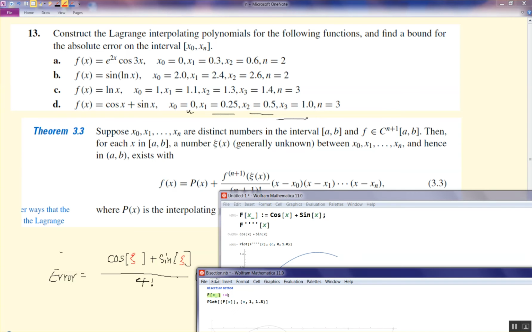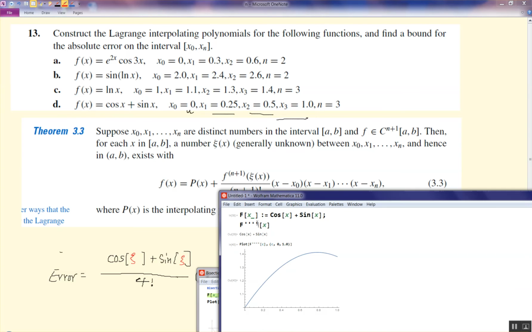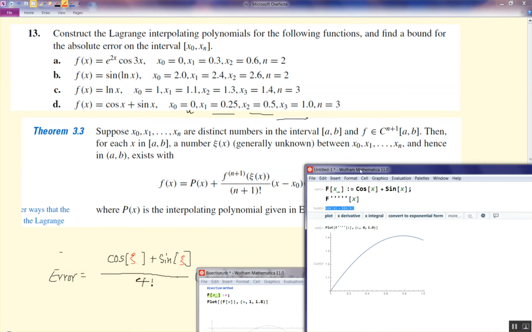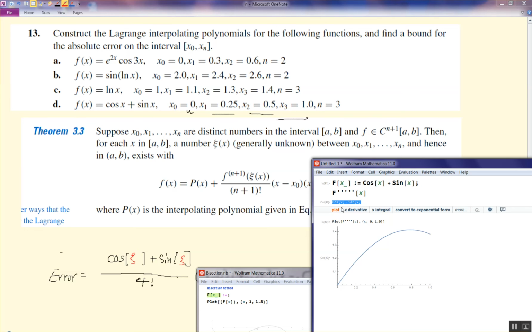We need to find the critical value for this function, so find one more derivative, I'm sorry, the fifth derivative. The fifth derivative is cosine x minus sine x, right? I want to find the roots for that.